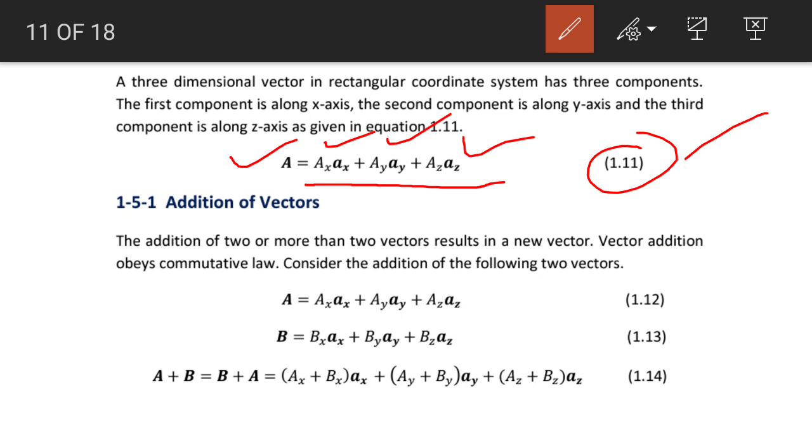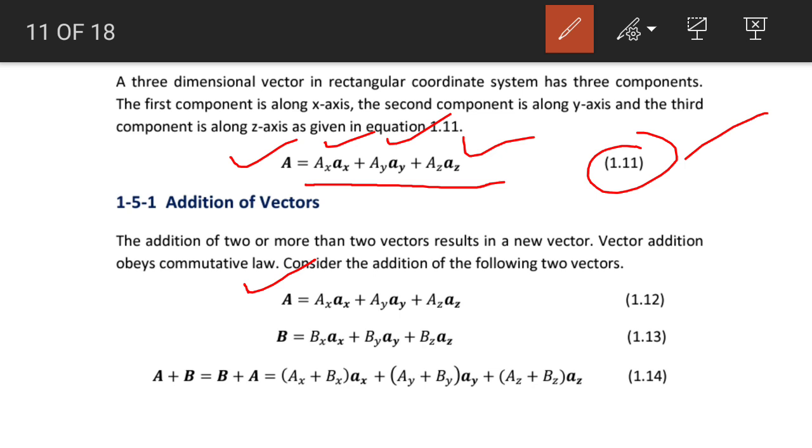rectangular coordinate system. We know that the addition of two or more vectors in any system results in a new vector. And the addition of vectors obeys the commutative law. So let us consider a three-dimensional vector in the rectangular coordinate system.